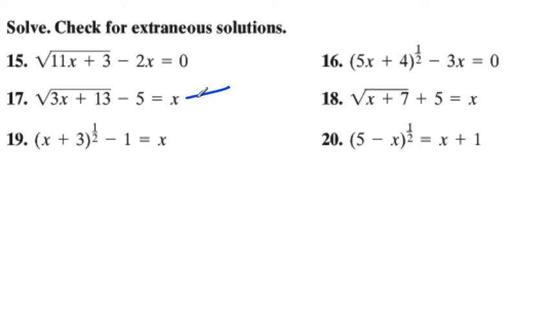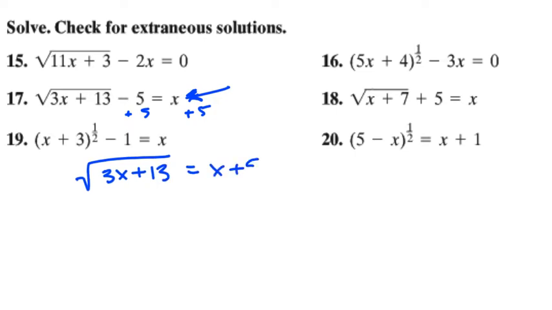number 17. Ooh. All right, let's add 5 to both sides because we want to get this radical by itself. So we have square root of 3x plus 13 equal to x plus 5. I need to square both sides to get rid of that radical.